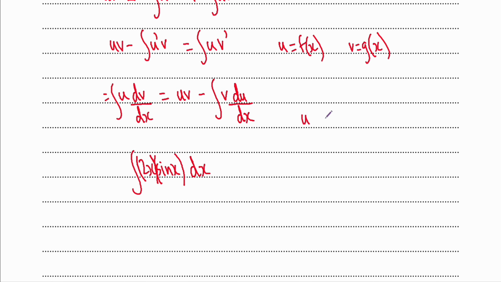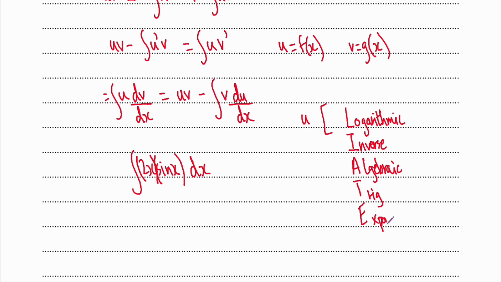It's called LIATE, an acronym for: logarithmic functions, inverse functions, algebraic functions, like the x that we see here, trig functions, and exponential functions. So we choose u to be whichever of these comes first.